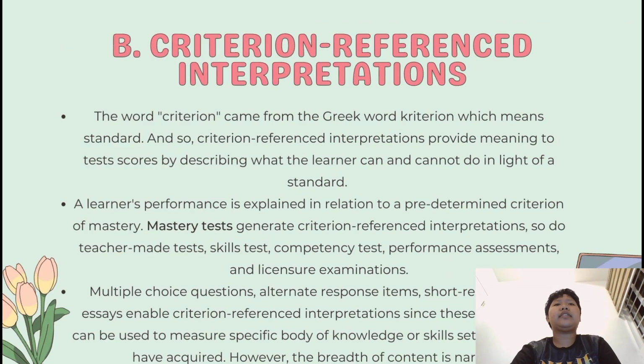Next is criterion reference interpretations. A test score is interpreted using criteria in order to determine the knowledge, capabilities, and talents that a person or group can display in relation to a properly specified content or behavioral area.